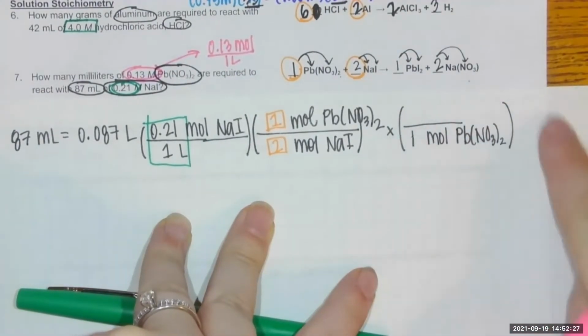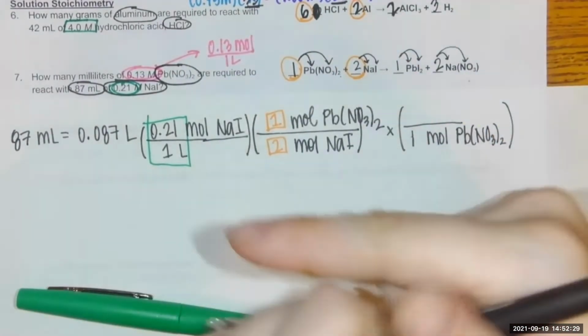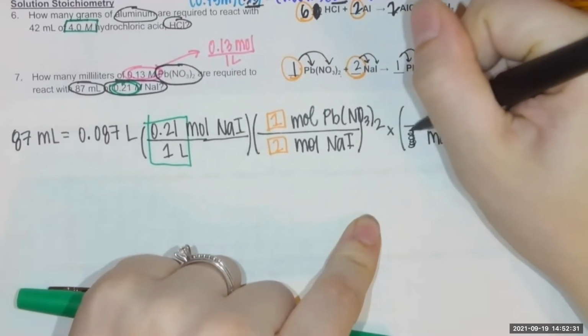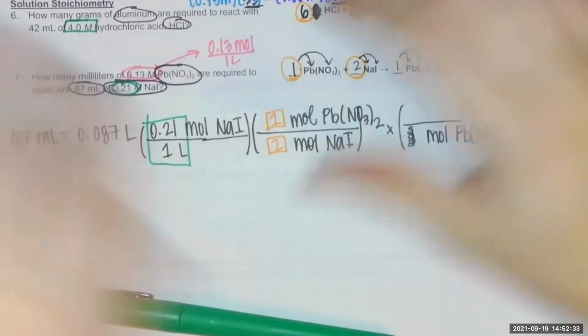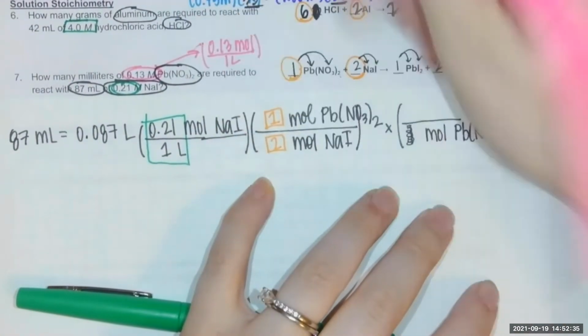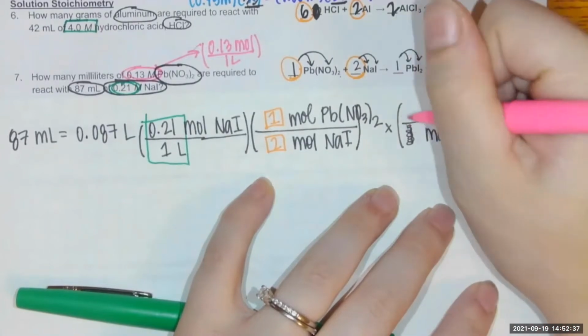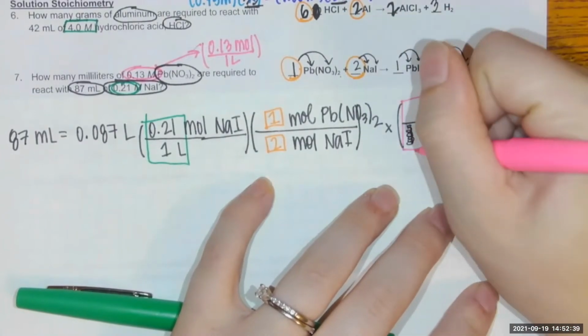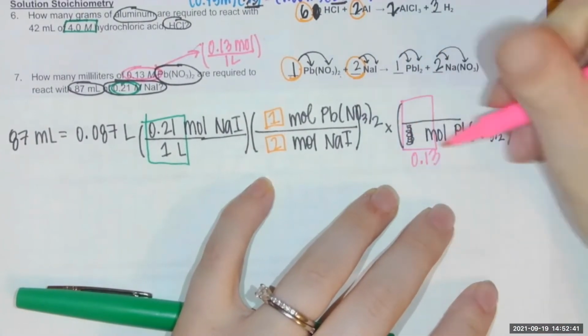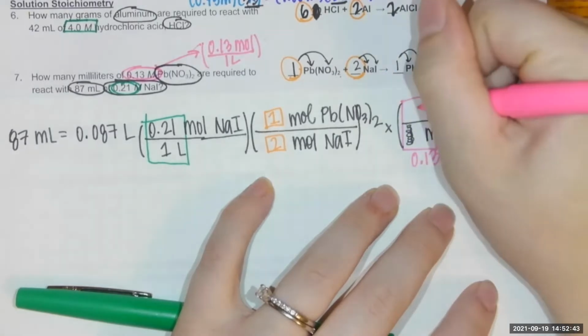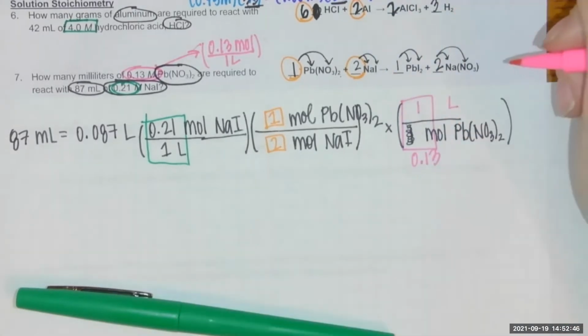And see, I already kind of messed up here. I've got to fix this. I'm going to put this as a parentheses here. So 0.13 moles over 1 liter.